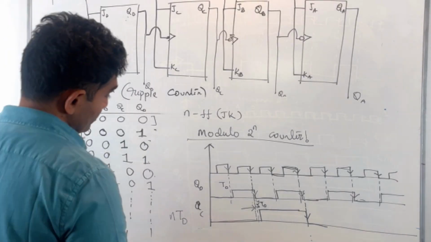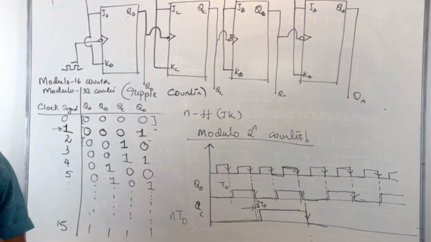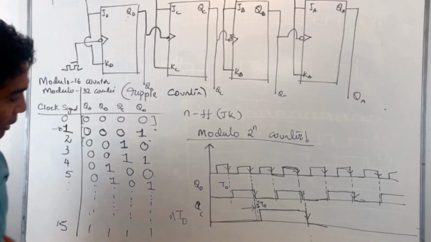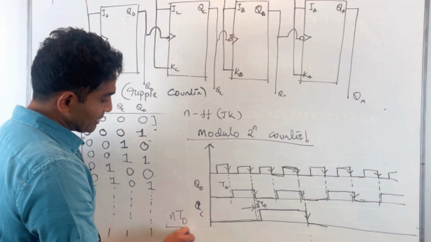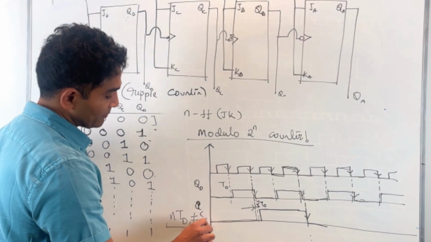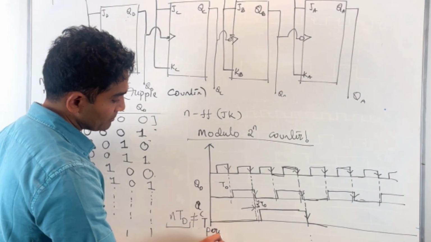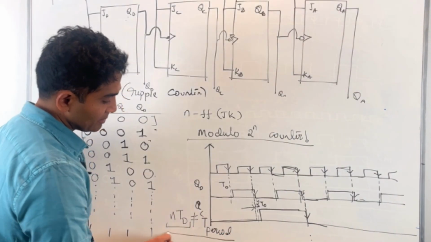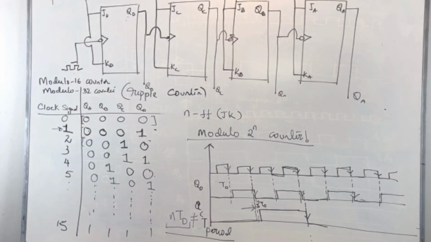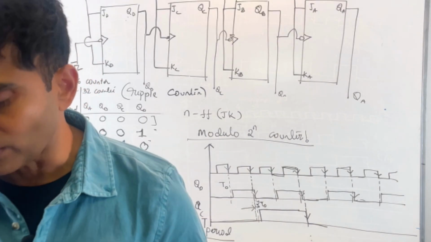Now, my flip-flops would give me the right counter signals as long as n times TD does not exceed the clock period. As long as n times TD does not exceed that, even with the timing delays, I would still get the right sequences of pulses.